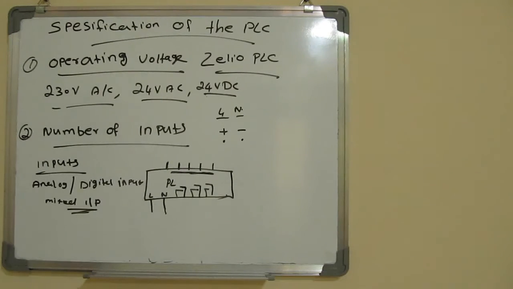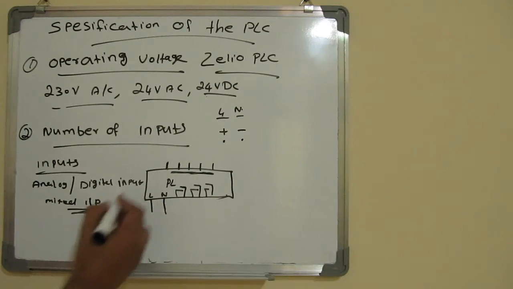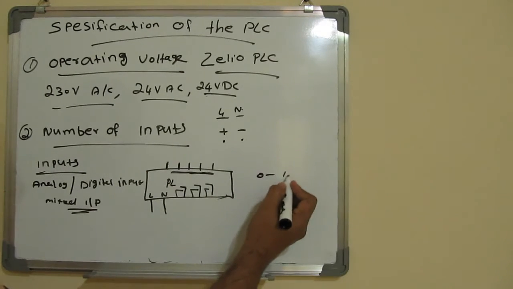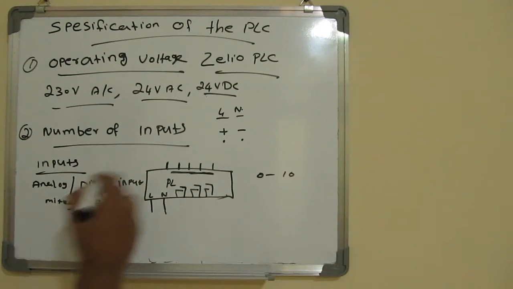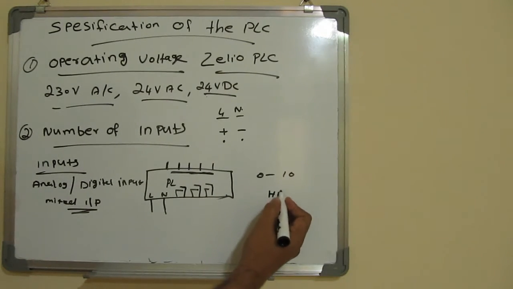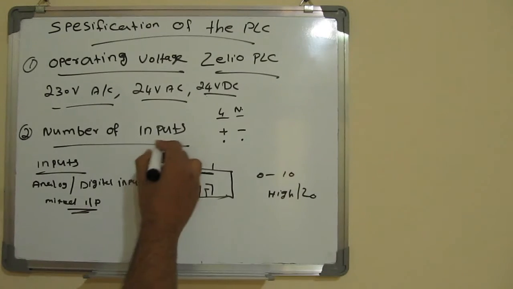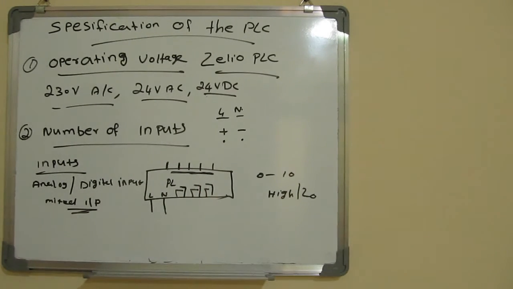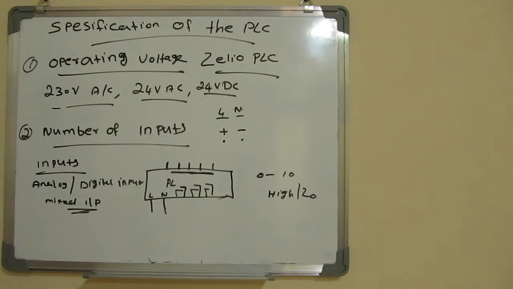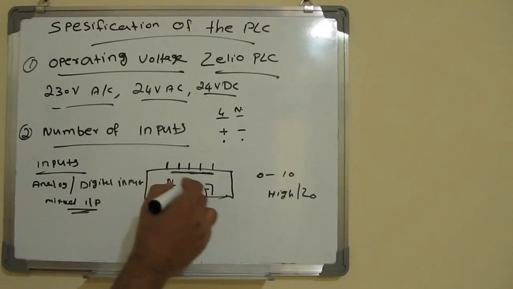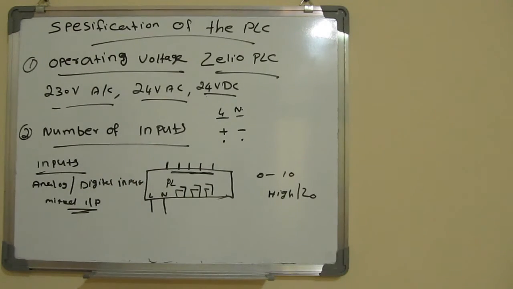Analog input means it receives 0 to 10 volts, so the input voltage is between 0 and 10 volts, and the full range can be understood. Digital means only high or low, whether the signal is there or not. Only these two states are considered by the digital input. Analog is the full range, whether it is 1 volt, 1.5 volt or 2 volt, it can be understood. Mixed input means you can connect either an analog input or a digital input, any of them.